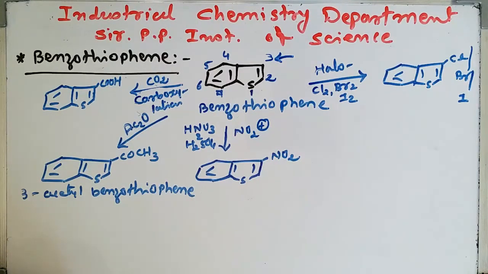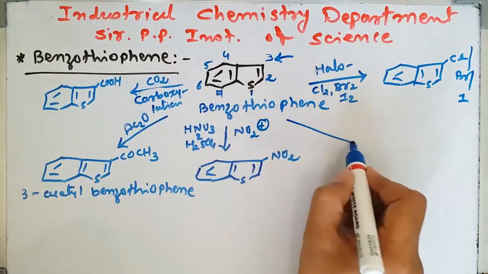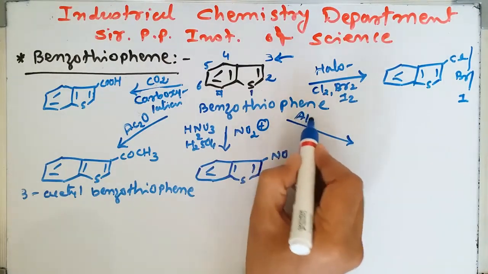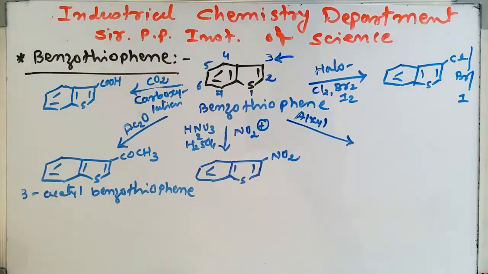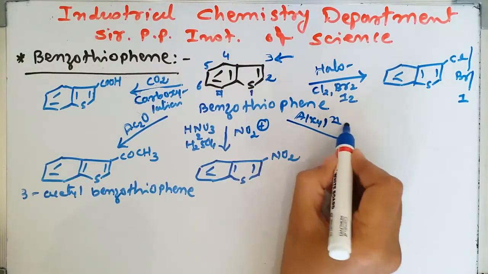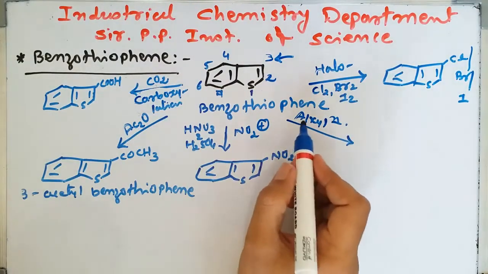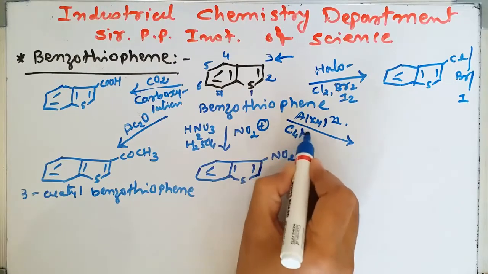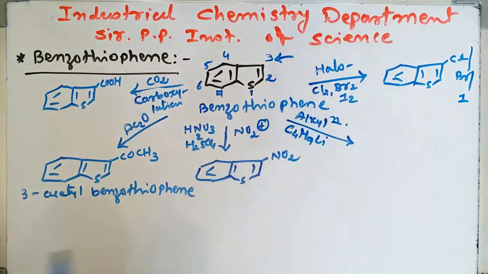If alkylation takes place, alkylation takes place with the help of C4H9Li, lithium. So this is a metal.